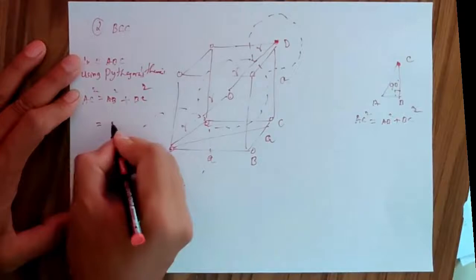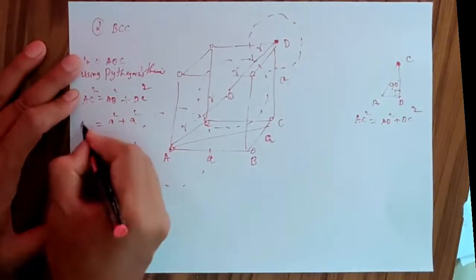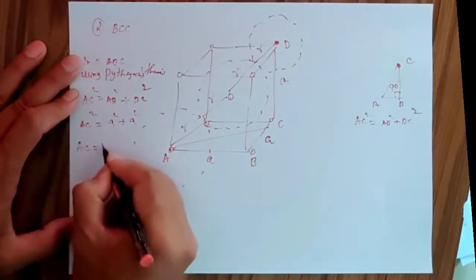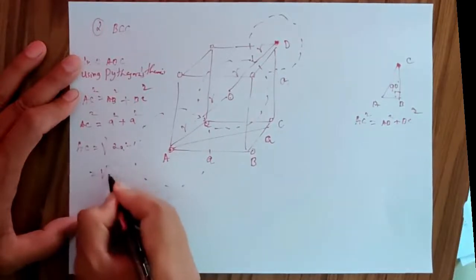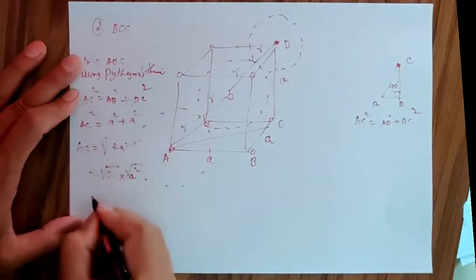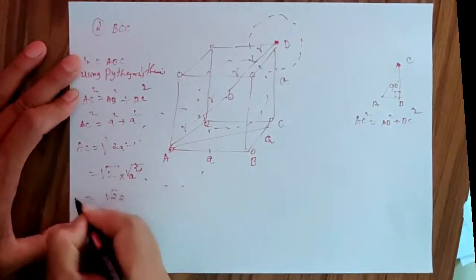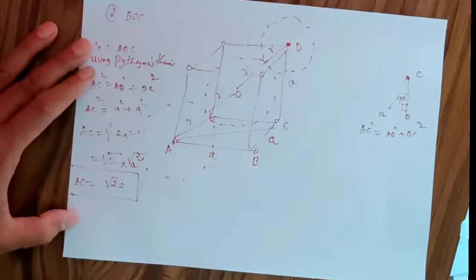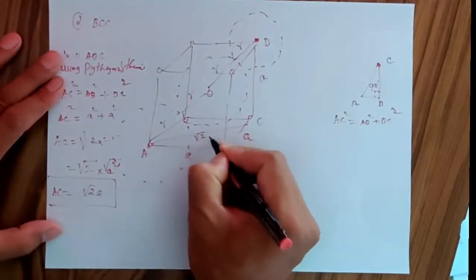AB length is A, BC is A, so square root of 2A square. Cancel, so root 2A. AC is root 2A.